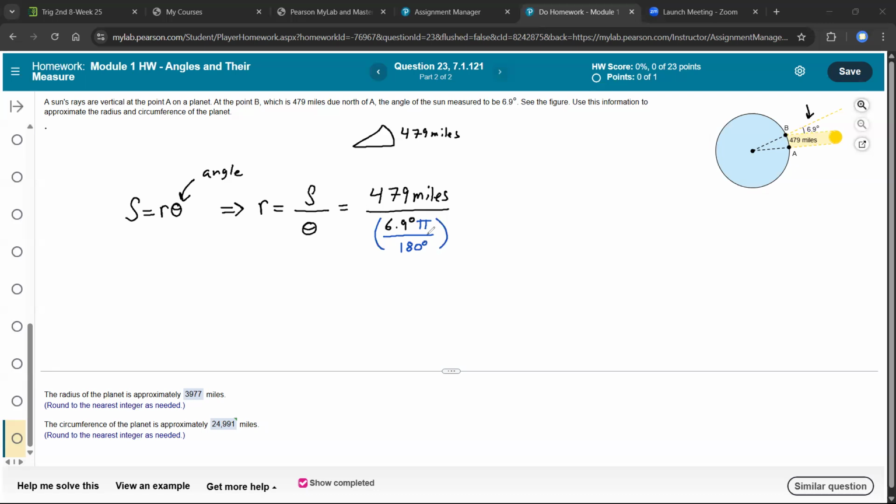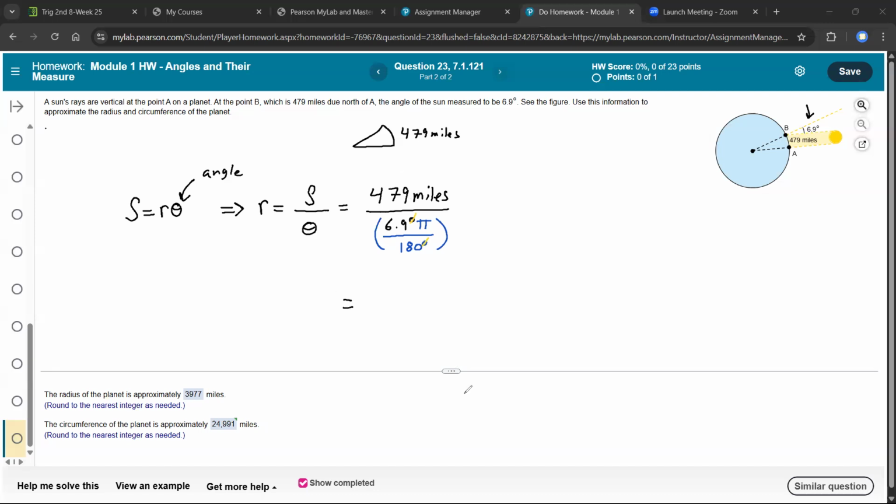So that's my angle. I'm just converting it to make sure that it comes out the way it should. And you can see that those degrees are going to cancel, and this angle in the bottom is just going to be a number. It's just a number. So the only unit left will be miles, and that is exactly what we need.